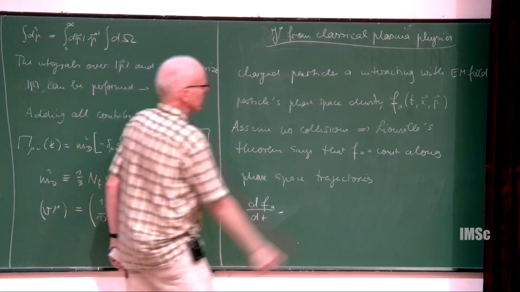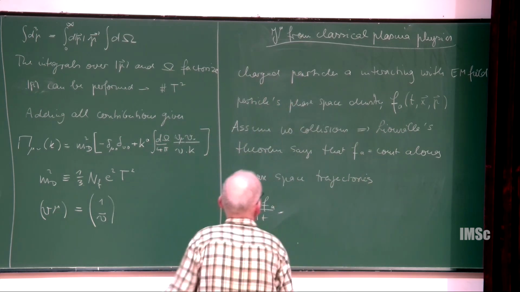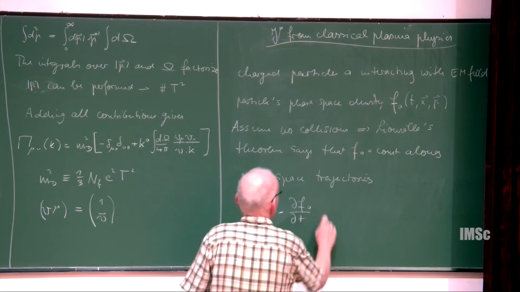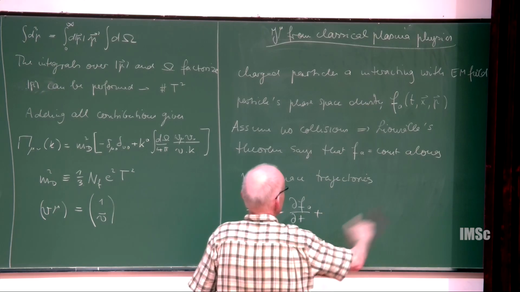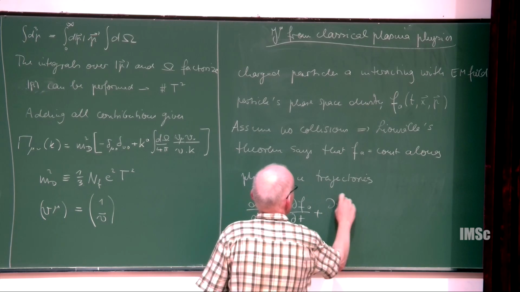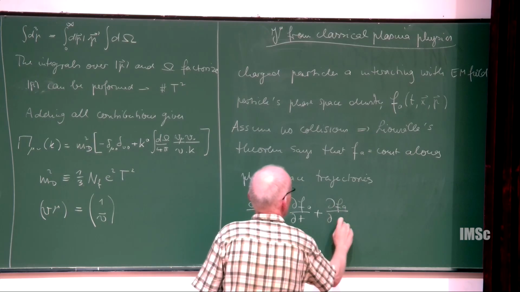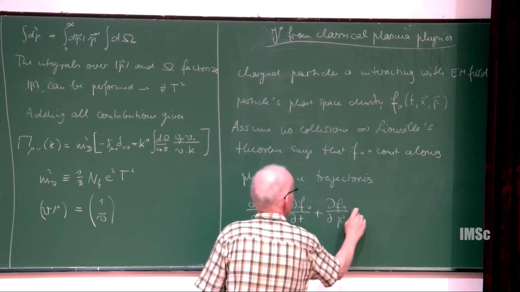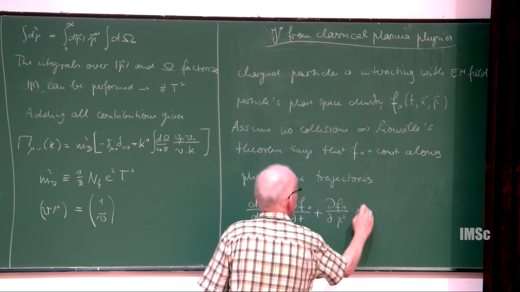It changes in time because of explicit time dependence. Then it changes because the particles move, so it's the gradient with respect to x times the velocity of the particles, x dot.